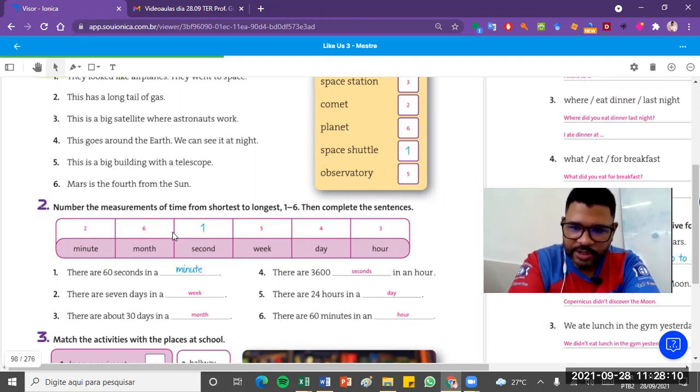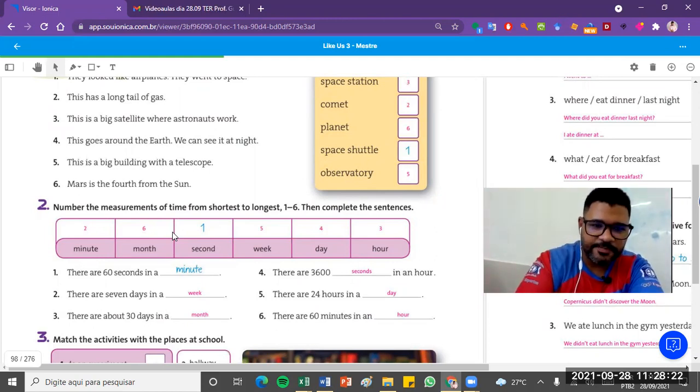O 1 vai ser a menor mensuração de tempo e o sexto vai ser o maior. O menor aqui nós temos o second. Número 2, nós colocaremos o minute. Number 3, hour. Number 4, day. Number 5, week. E number 6, month.